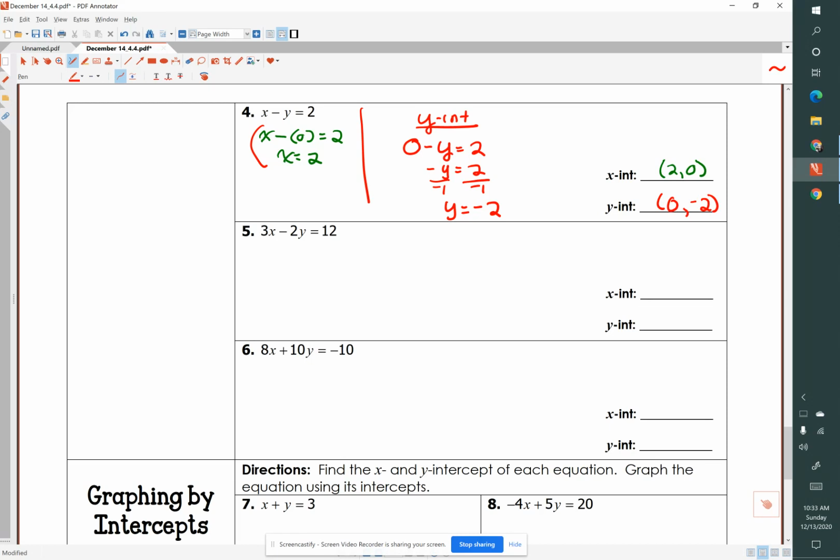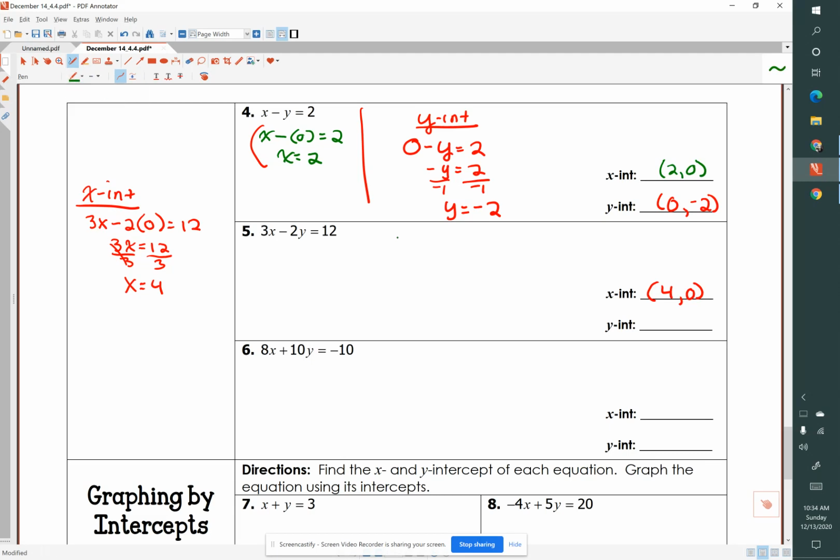Okay, number 5, 3x minus 2y equals 12. I'll do the x-intercept over here, so I have a little bit more room to work. So it would be 3x minus 2 times 0 equals 12, and negative 2 times 0 is 0, so that would give us 3x equals 12, and we divide both sides by 3, and x equals 4, for an x-intercept of 4, 0.